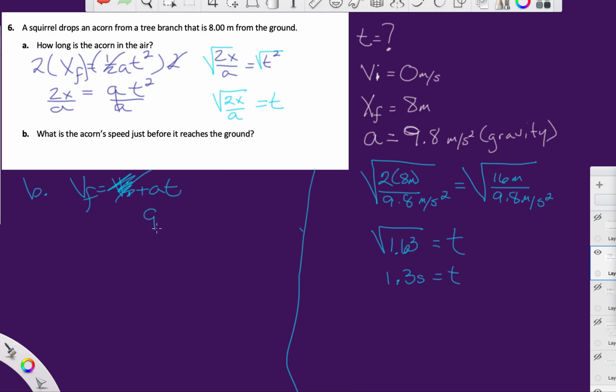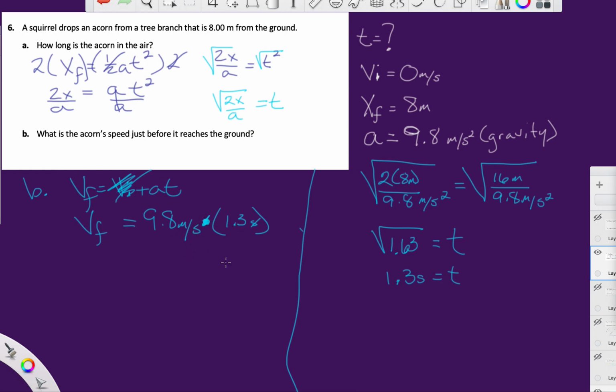So 9.8 meters a second squared times 1.3 seconds is going to give me my final velocity. And of course, the seconds cancels out and gets rid of that square.